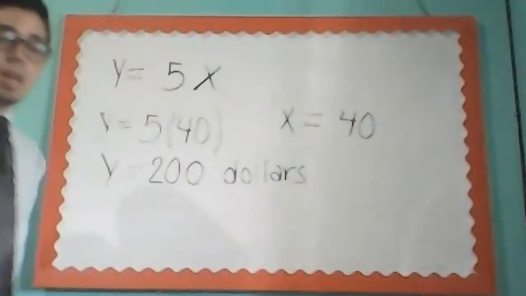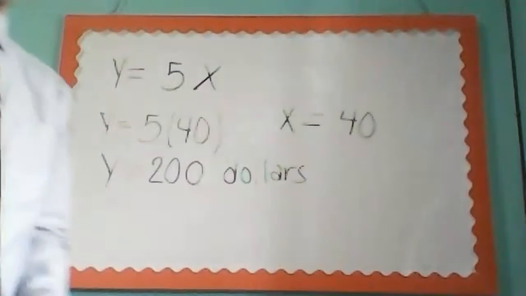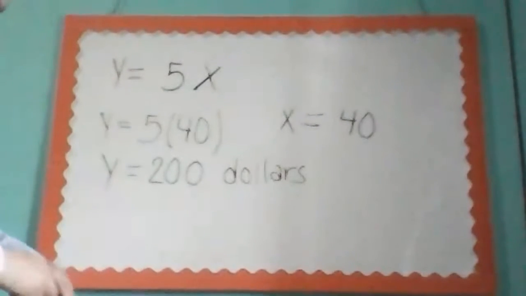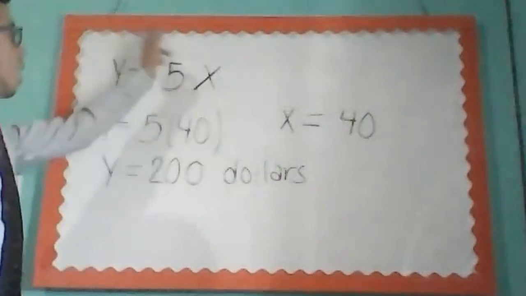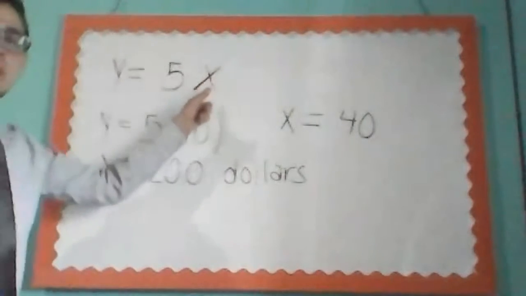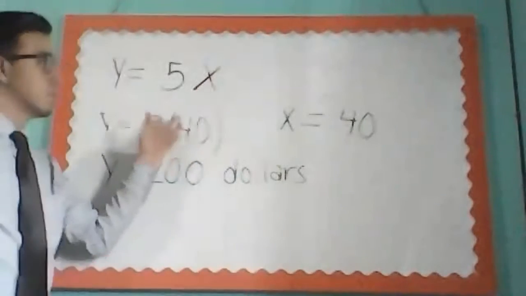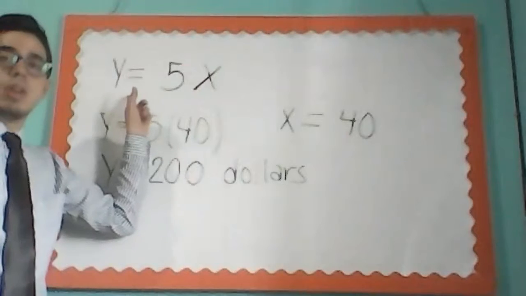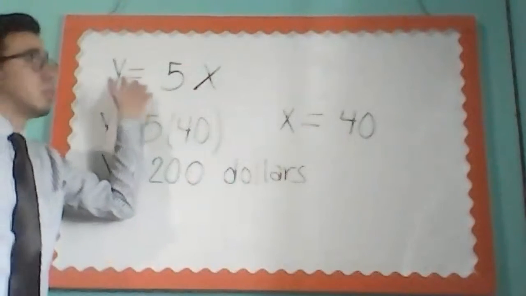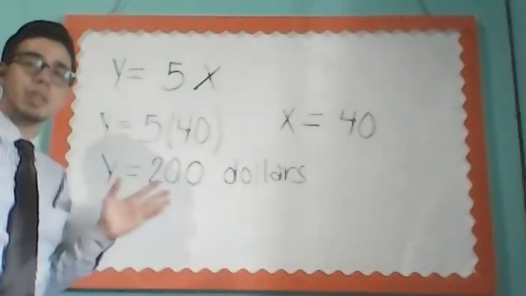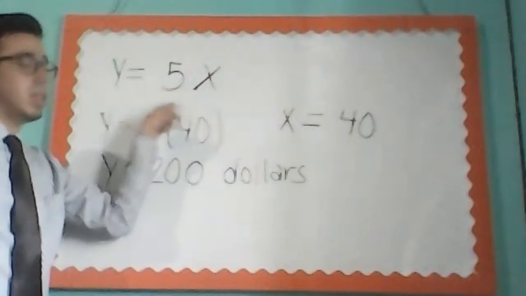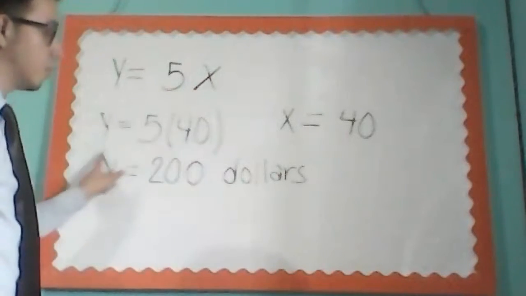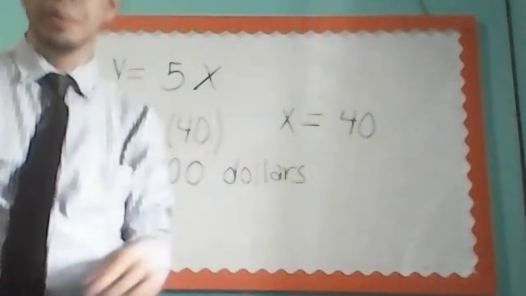This is a simple equation to write the function. This is the function to know how much money she is going to obtain. For example, in 1 month, if she works 160 hours or more, extra hours, this is going to give you the amount of money she is going to earn.